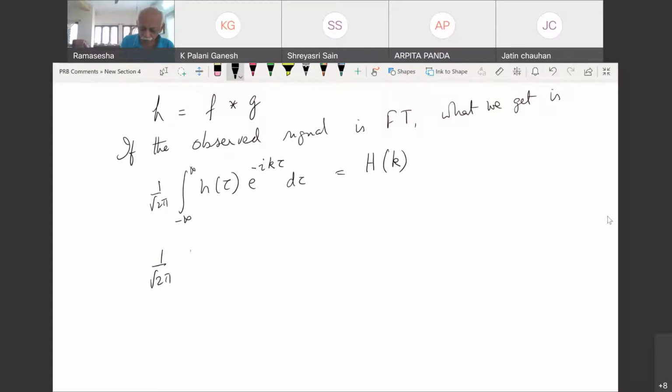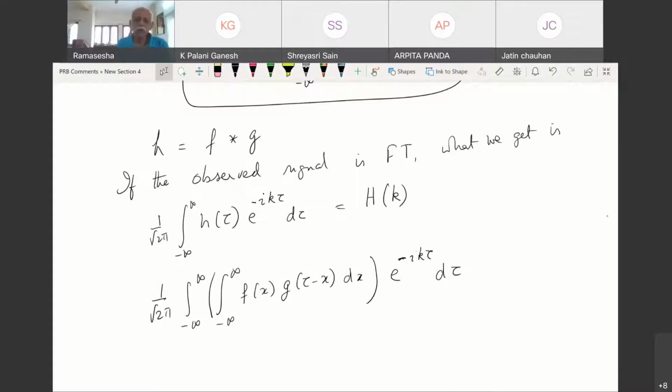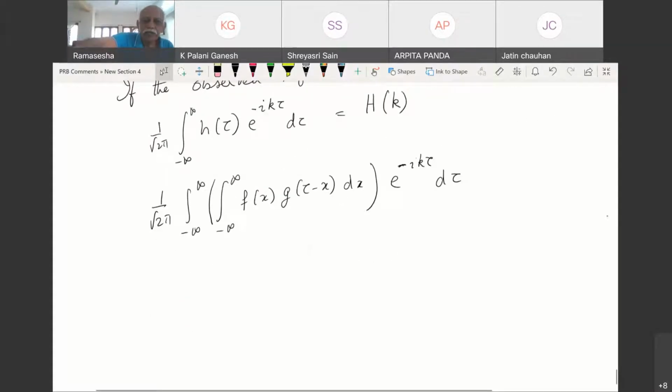Integral from minus infinity of f of x g of tau minus x dx, into e to the power minus i k tau d tau, because all I have done is use the convolution, f of x g of tau minus x dx. Okay.